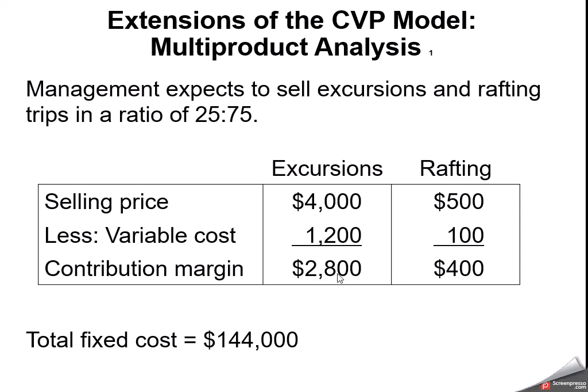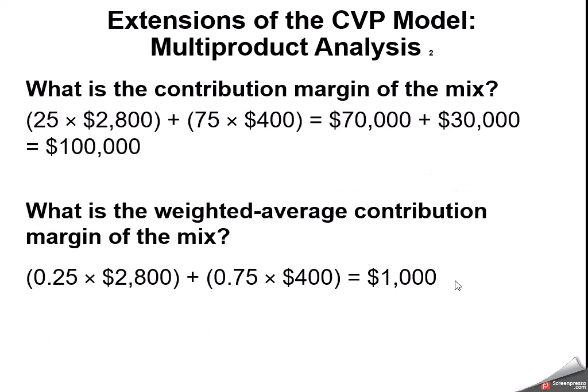The 2,800 and the 400 are our contribution margins, and we are taking the number of trips that we sell times each one of those to get to our total of $100,000. And then, what would be our weighted average of that?